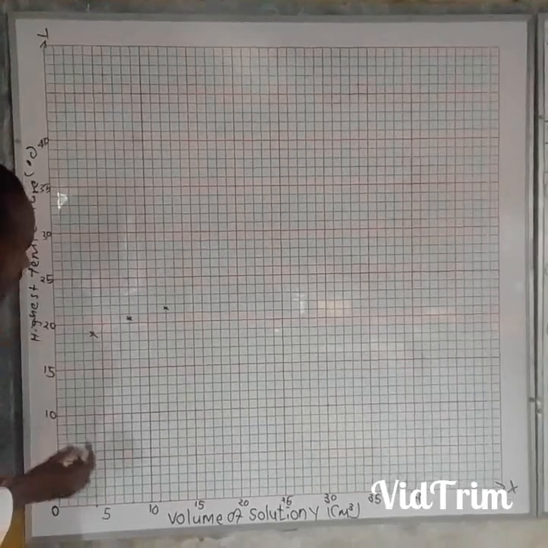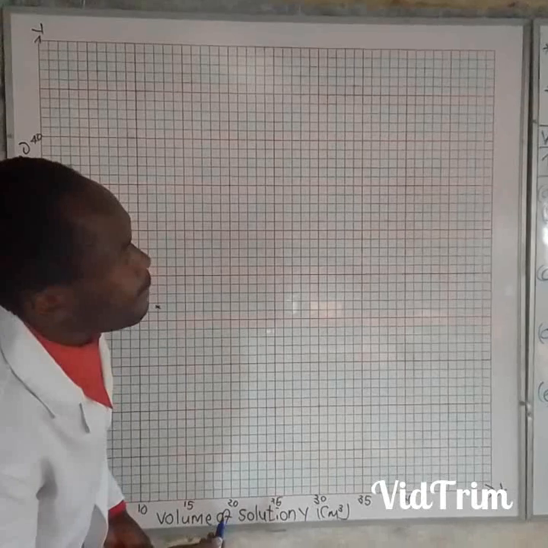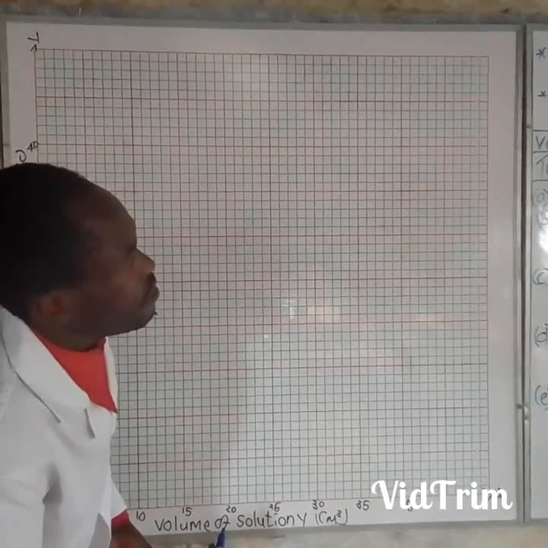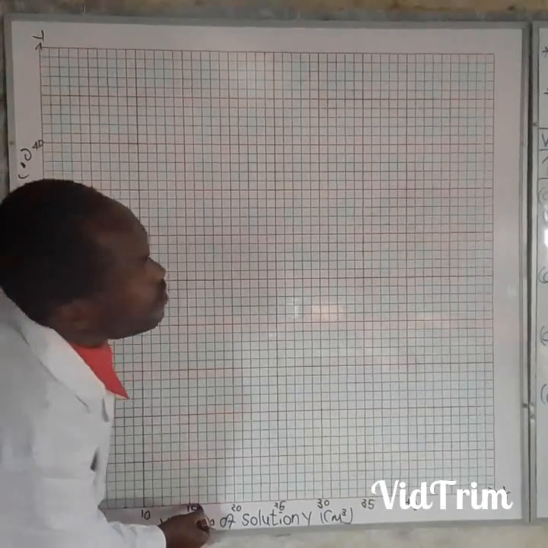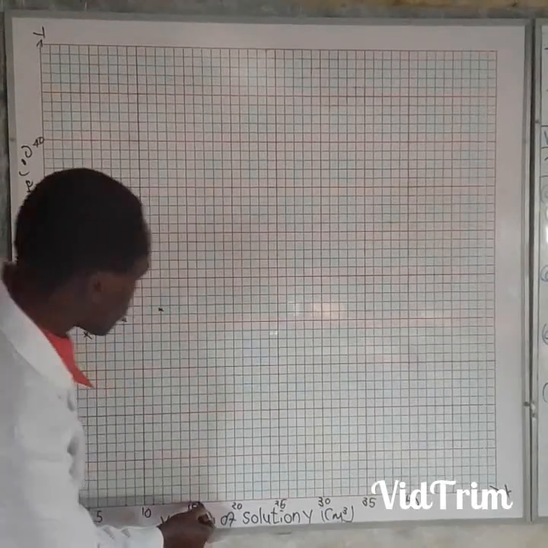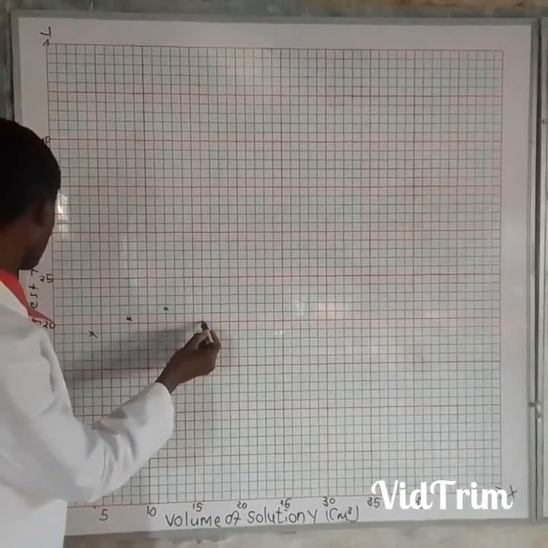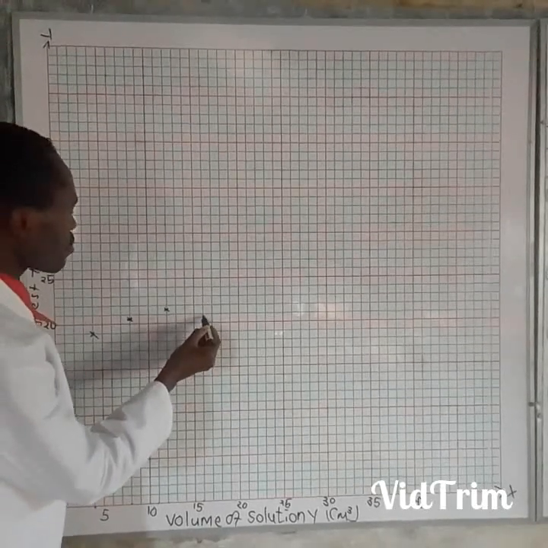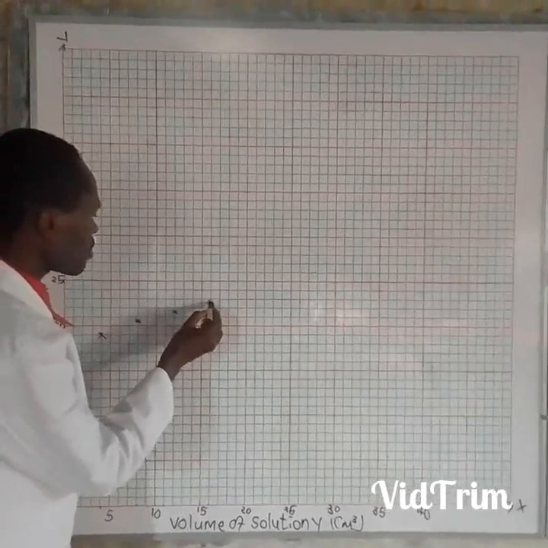Is it okay? Then when the volume is 16, this is 15, 16, then the temperature is 22.5. So I move up to 20, then 21, 22, then 0.5 at the center of that box, like that.